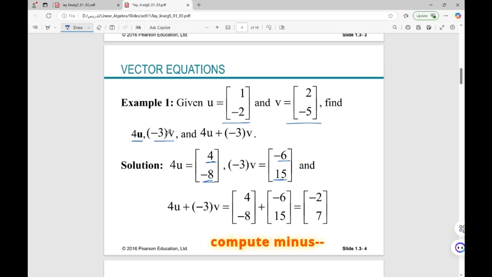Now you compute 4 times U plus minus 3 times V. So you sum 4U with minus 3V. It's like this: (4, -8) plus (-6, 15), which gives you (-2, 7). Yes, right.